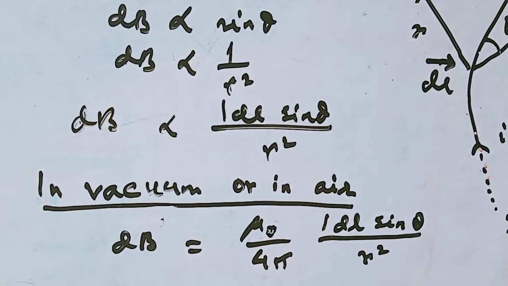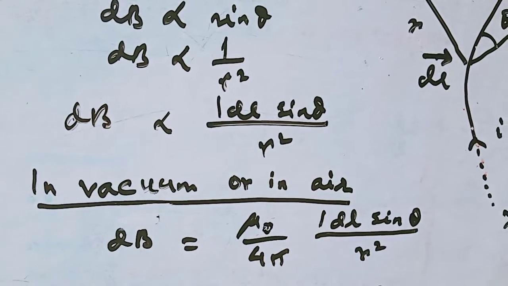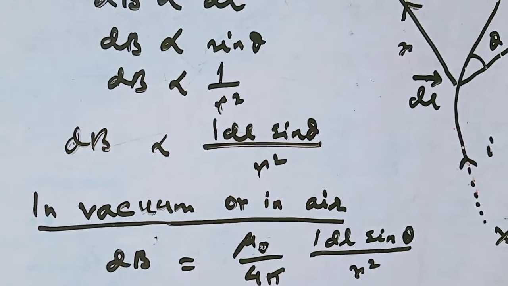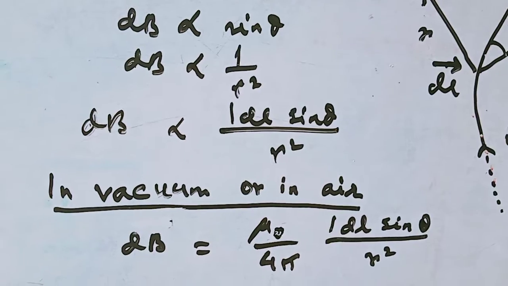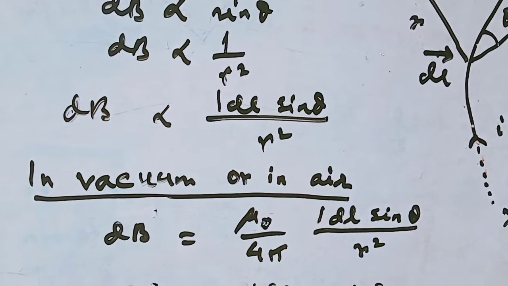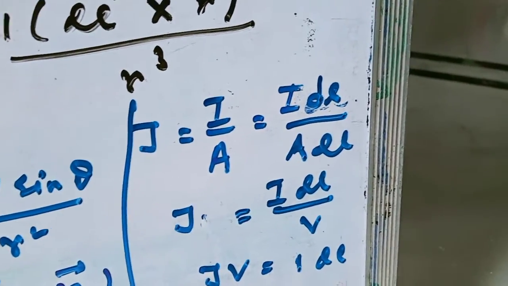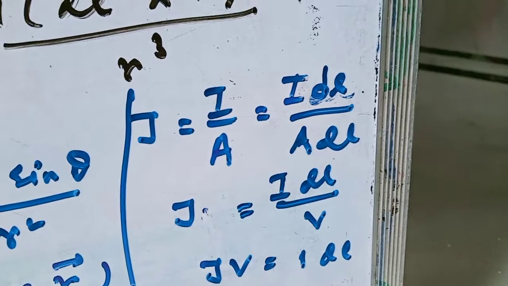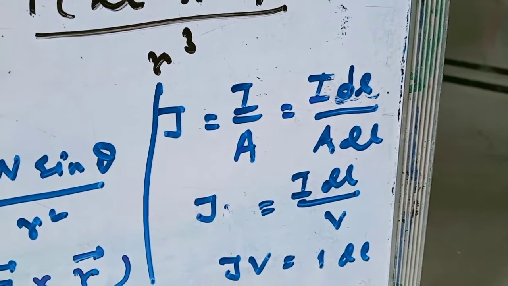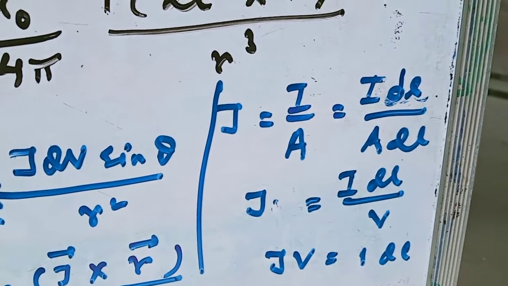What do we have here? I is the current, dl is the length of the differential element, there is sine theta, and r square. If we represent this with current density, then current density is I by A; if you multiply both the numerator and the denominator by dl, you will get I dl by A dl. A dl means area into length, that is meter cube, that means volume.